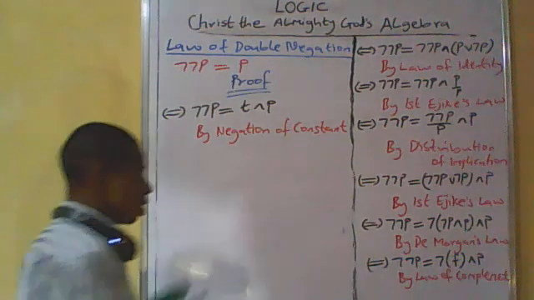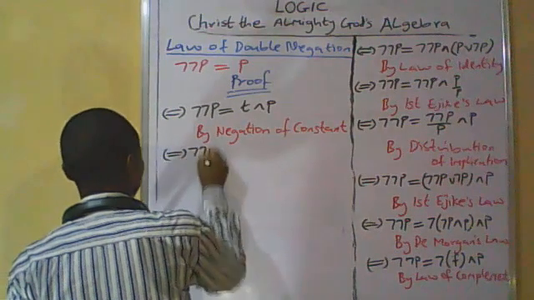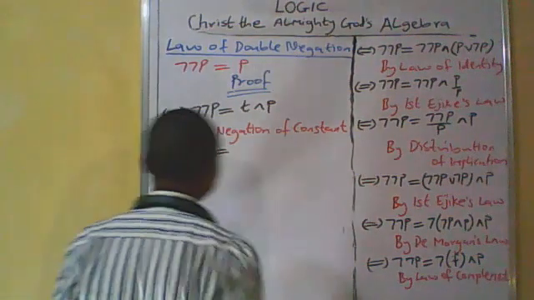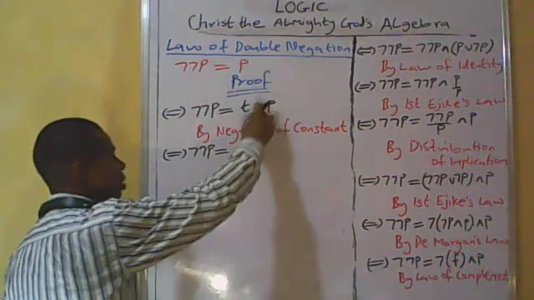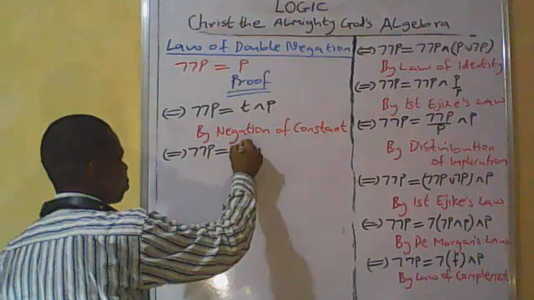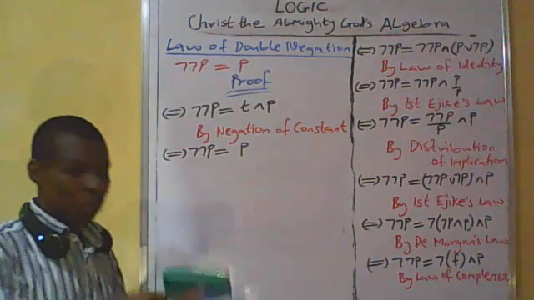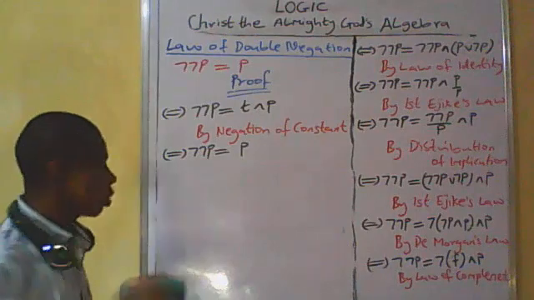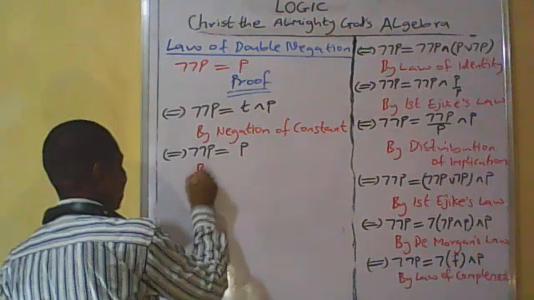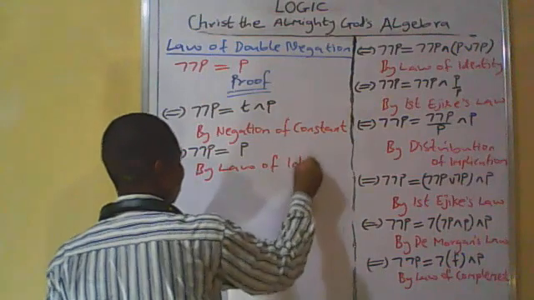So if and only if not P is equal to, then when T is anded with P, that means T and P is equal to P. Being justified by the law of identity.